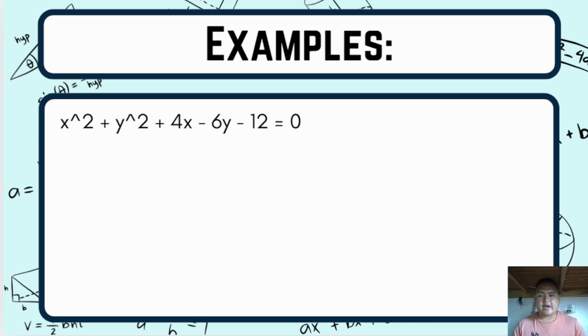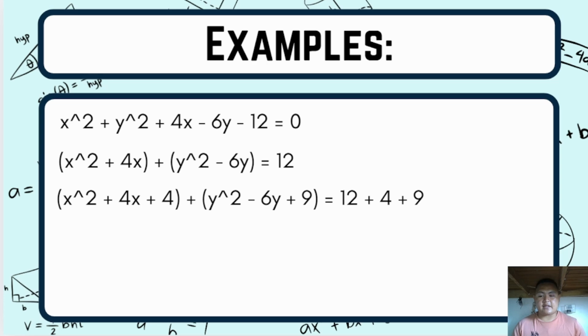For x, the x terms are x squared plus 4x. Take half of 4, square it, add and subtract 4 inside the equation. For y, the y terms are y squared minus 6y. Take half of negative 6, square it, add and subtract 9 inside the equation.